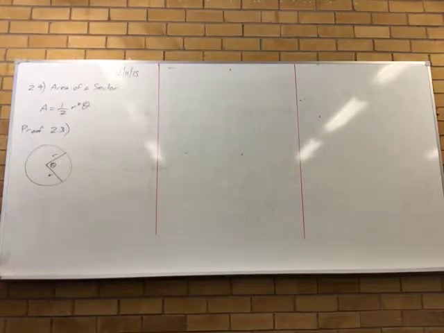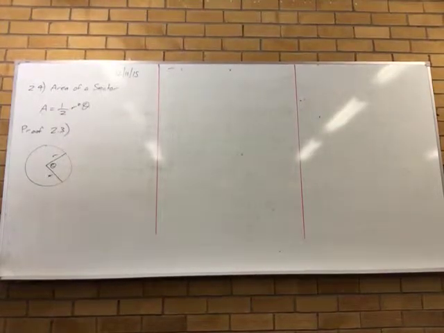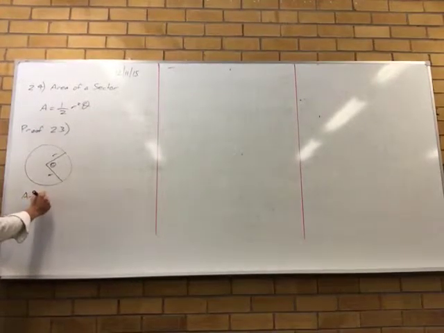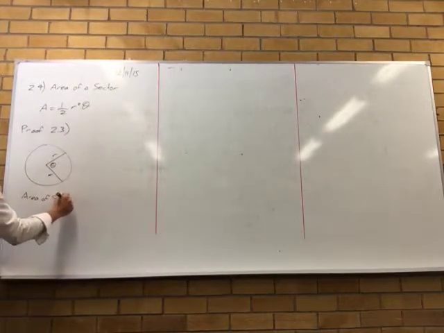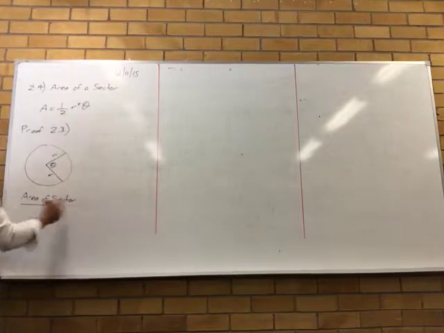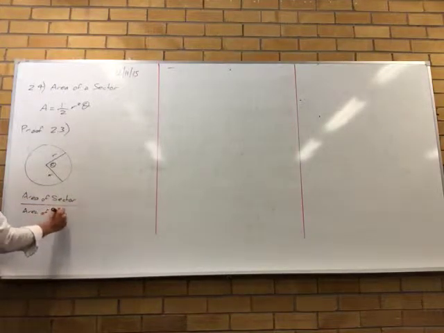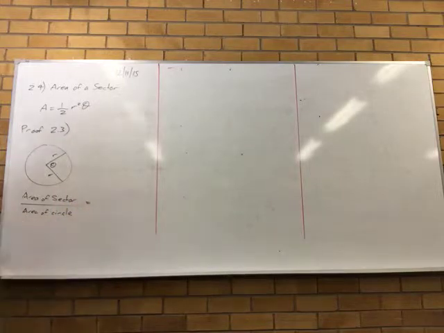So we're going to look at some similarity and get this working. The area of sector over the area of circle. We're going to use the similarity approach to justify that result.